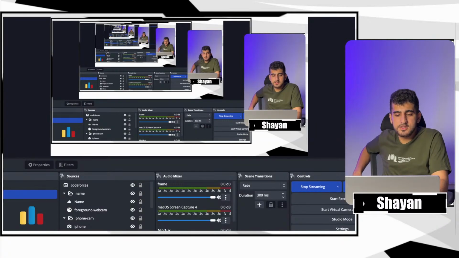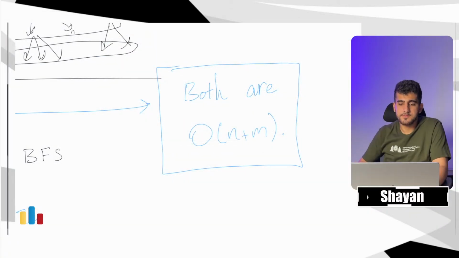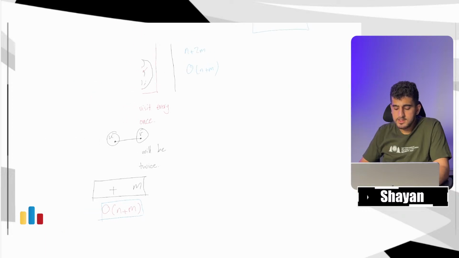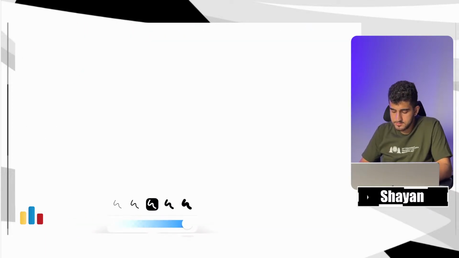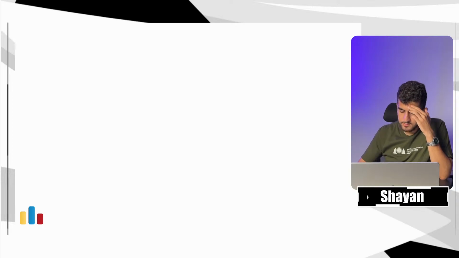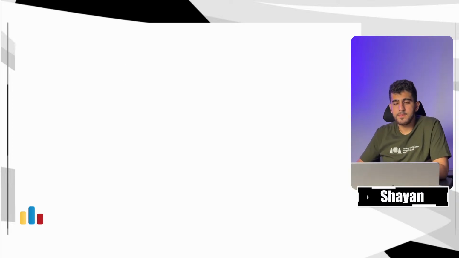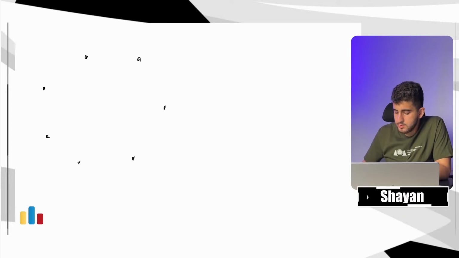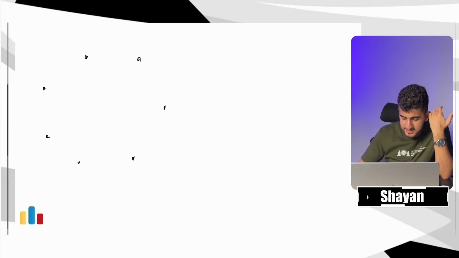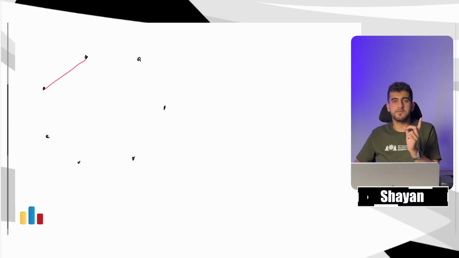So let me explain it to you once again on the tablet. What this problem is saying is this. Assume we have n towns. Between each two vertices, there is either a road or a railway, exactly one of them.